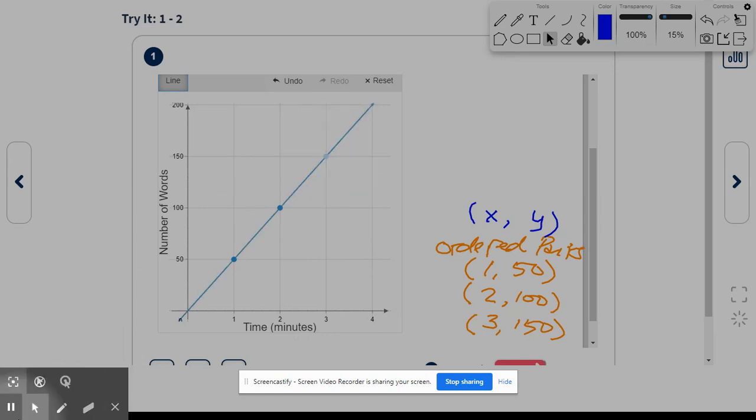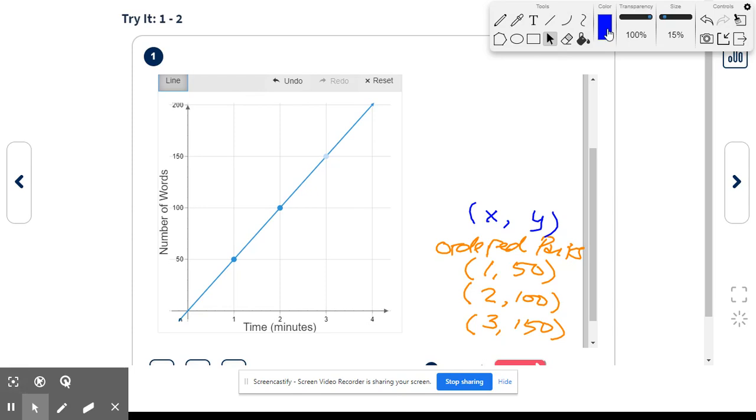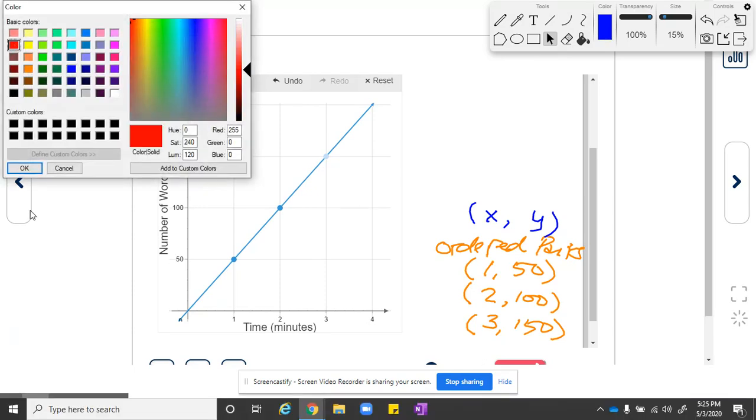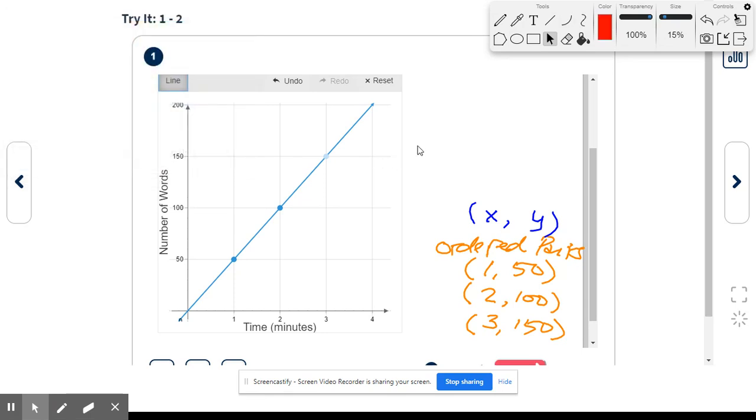Now let's write on these values. I'm going to choose red. Now, what do these points mean? So for 1 minute, you type 50 words. For 2 minutes, you type 100 words.